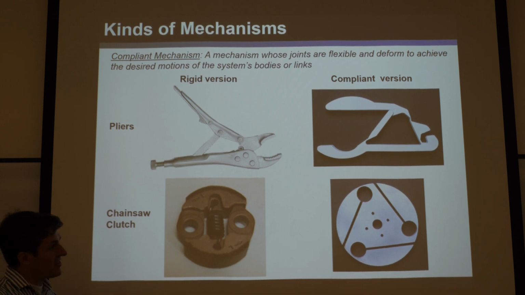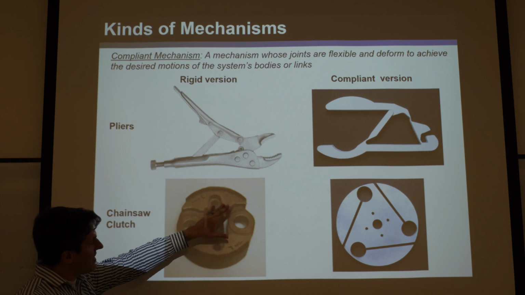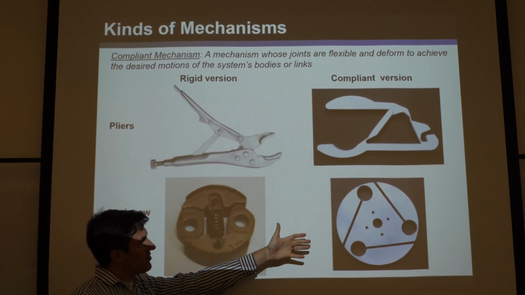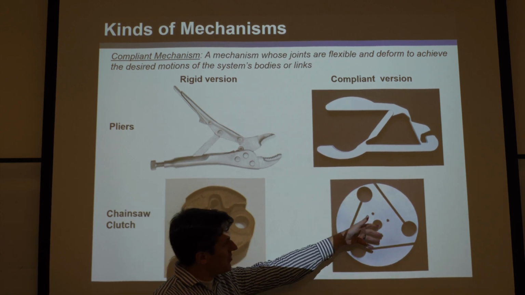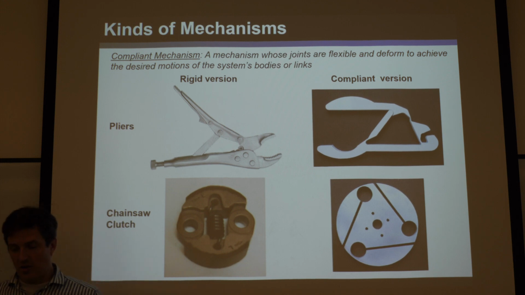And they just deform at the hinges. So they can be very lightweight, very low cost, and they have all sorts of advantages. So this is a chainsaw clutch. It's made of 3 different parts with a spring put inside. And Larry Howell also at BYU just said, well, hey, let's replace it with a single piece thing that does the exact same thing. And so you can really put a lot of companies out of business with compliant mechanisms.